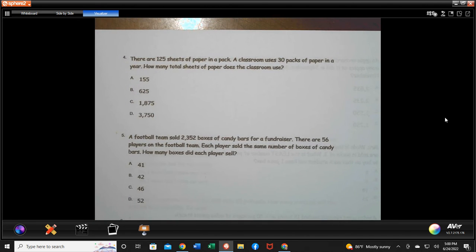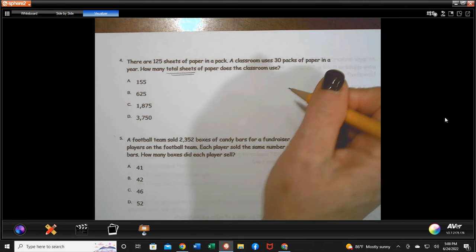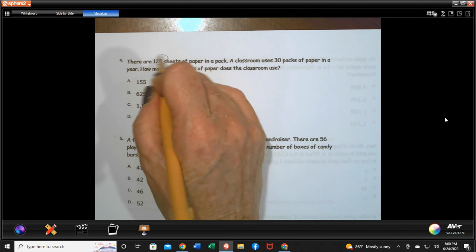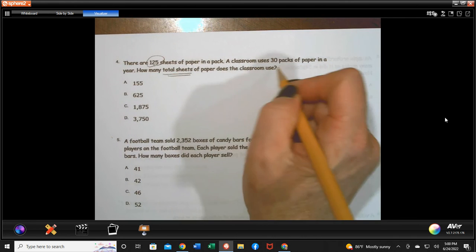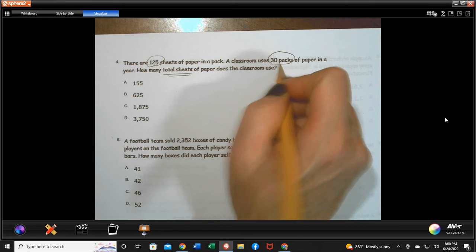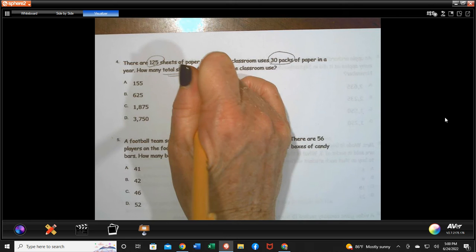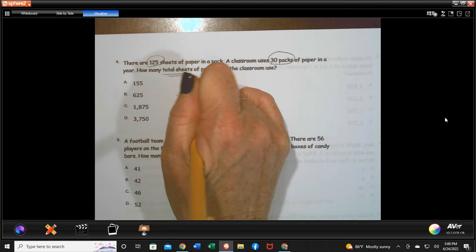There are 125 sheets of paper in a pack. A classroom uses 30 packs of paper in a year. How many total sheets of paper does the classroom use? So there are 125 sheets in a pack, and the classroom uses 30 packs. So that's 30 groups of 125. So we're multiplying 125 times 30.